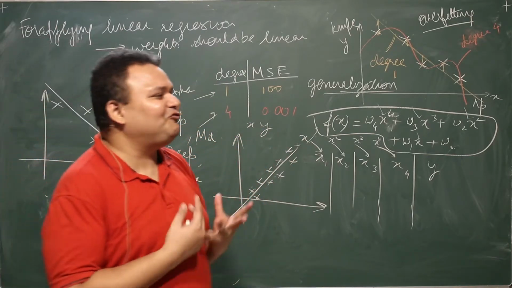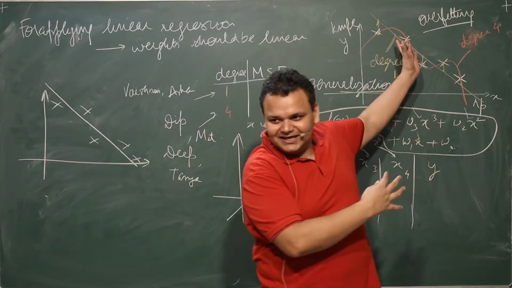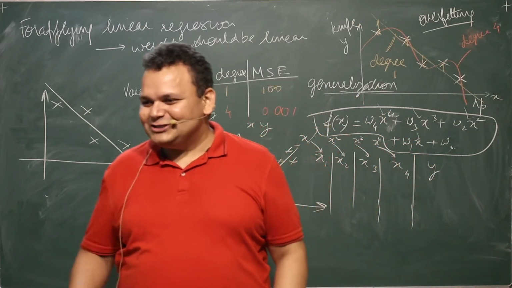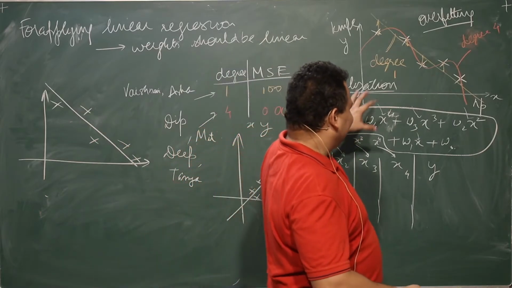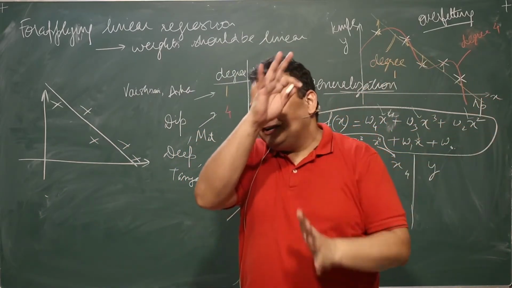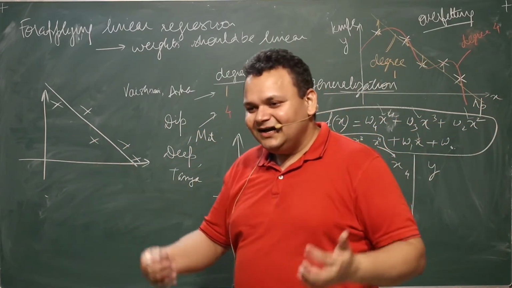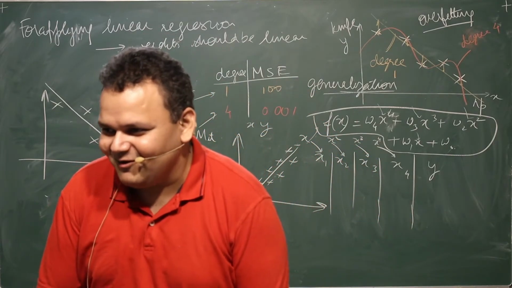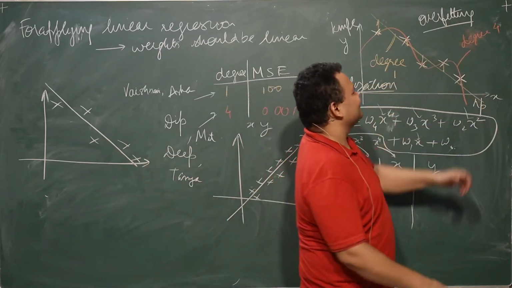It is not trying to find the underlying relationship between x and y. It is fitting not only the underlying relationship, but also the noise. It is following the noise too closely.